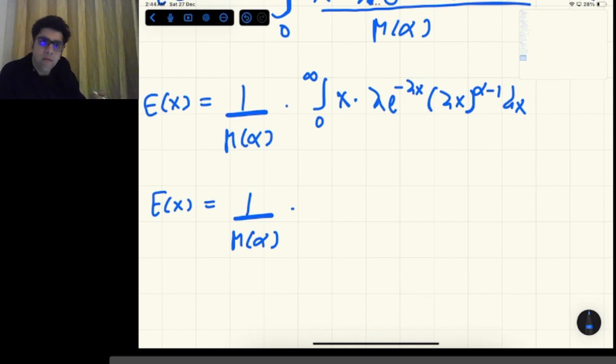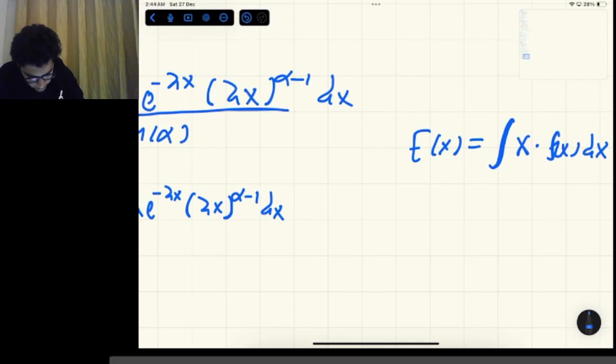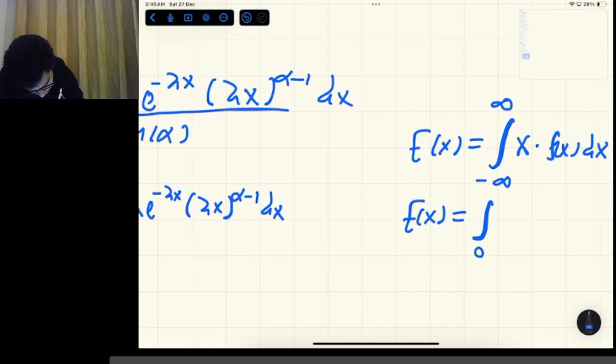Anytime we need to find the expected value, and I explained this earlier also, what do we do? We just do x into f(x) dx, and we write the limits for which the function is defined. Actually it is minus infinity to infinity in general, but here we have the function defined for 0 to infinity, so we'll be writing the integral from 0 to infinity of x into f(x) dx.